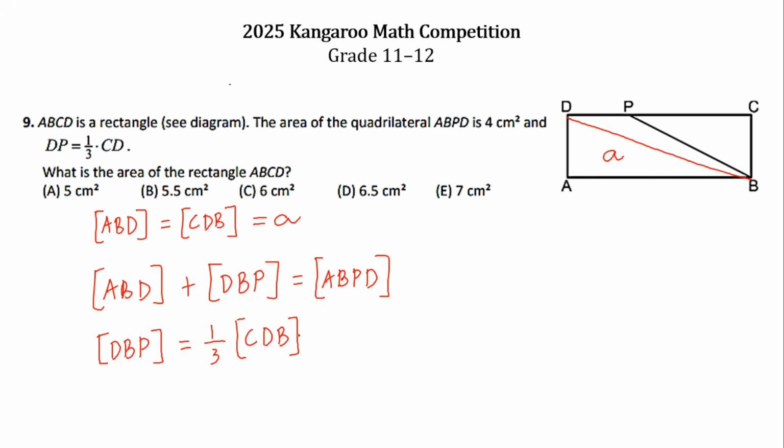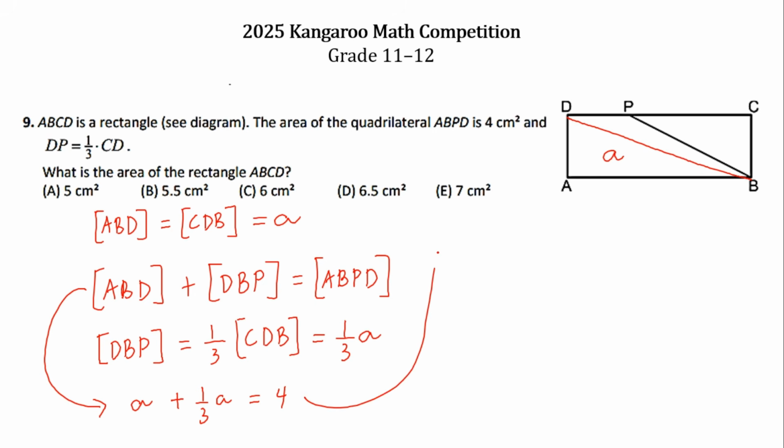So area of DBP must be equal to 1/3 A. Alright? So now, this equation is the same as A. Take note, A is the area of triangle ABD. So that's the same as A plus 1/3 A, which is equal to 4, because the area of quadrilateral ABPD is 4.